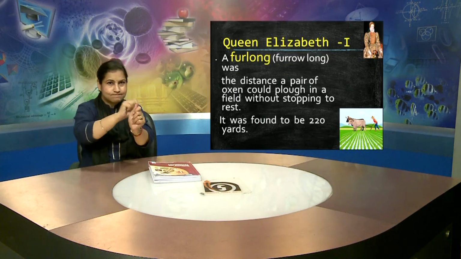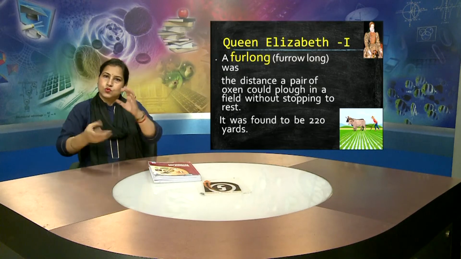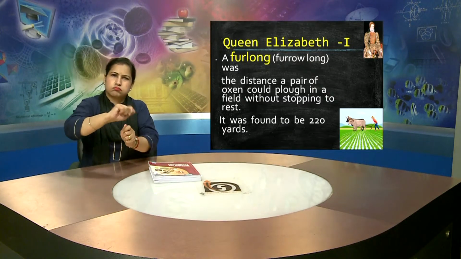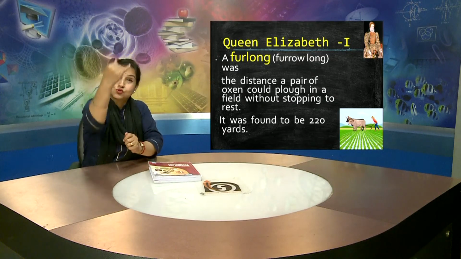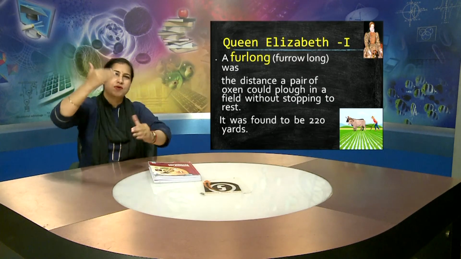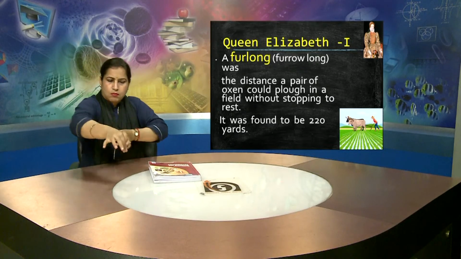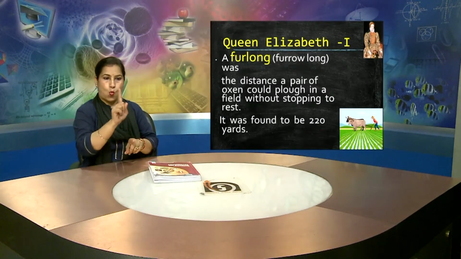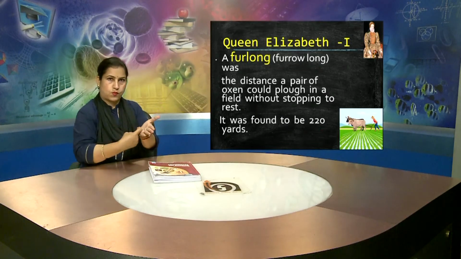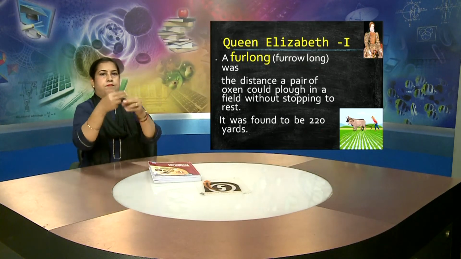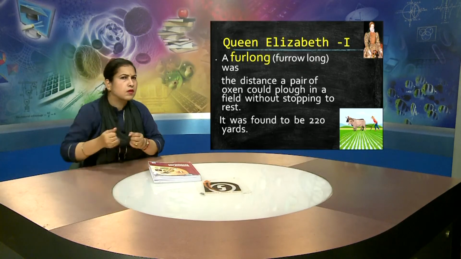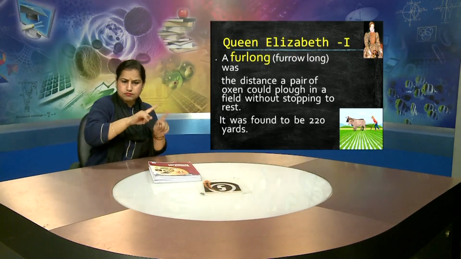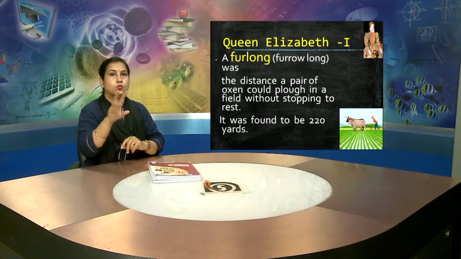Under Queen Elizabeth I, a furlong was the distance a pair of oxen could plough in a field without stopping to rest. It was found to be 220 yards.